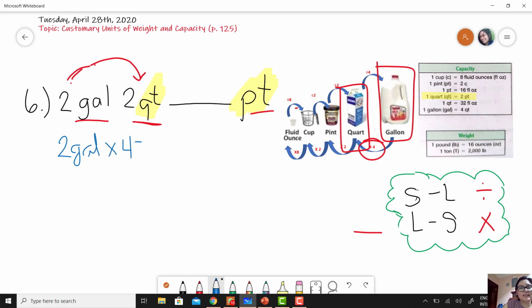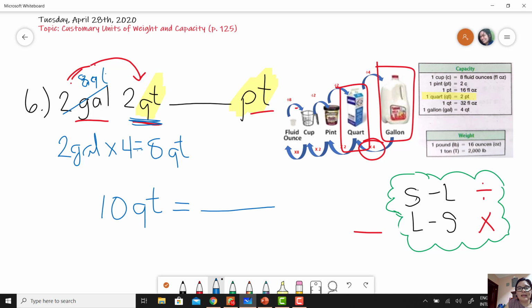And 2 times 4 is 8. 8 what? Quarts. So in 2 gallons, you have 8 quarts. And 8 quarts plus the 2 quarts that you have already here, how many quarts in total do you have? 10 quarts. Now it's easy for you to change the 10 quarts to pints.